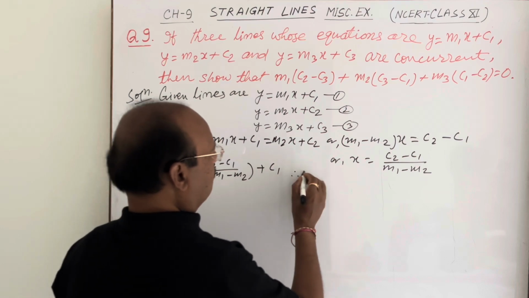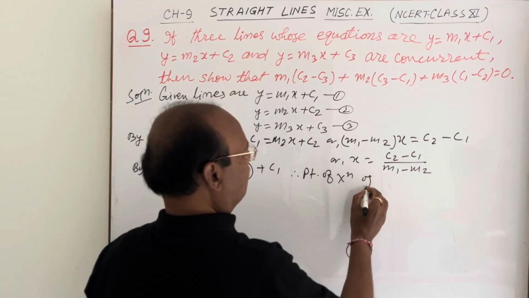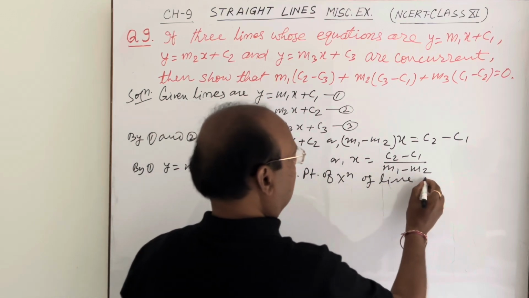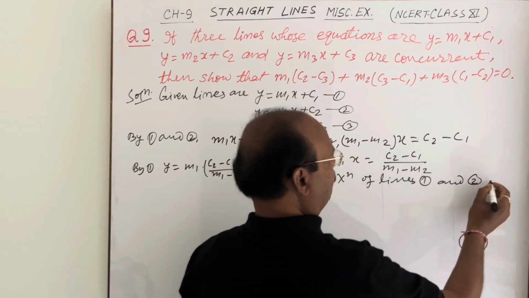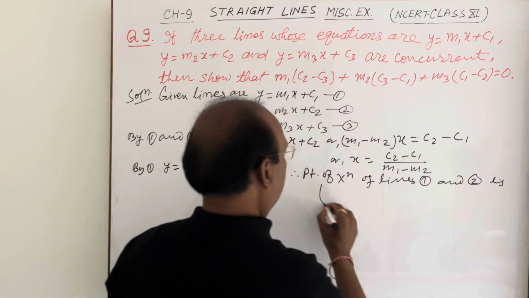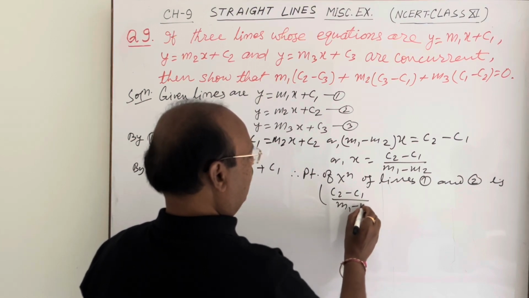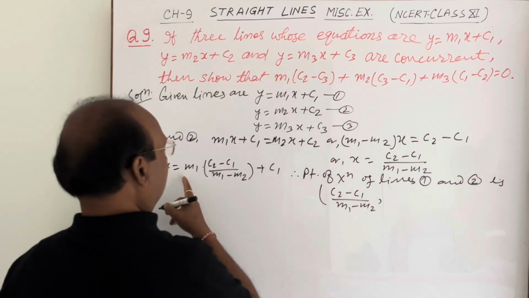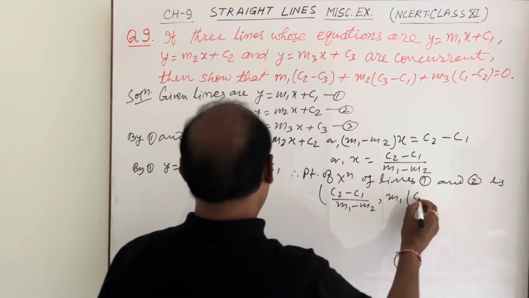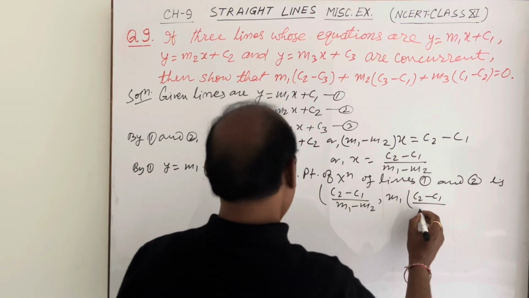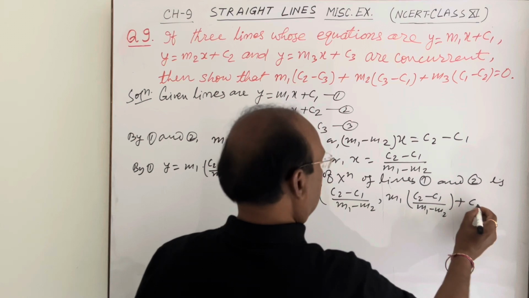So therefore the point of intersection of lines 1 and 2 is: value of x is (c2 - c1)/(m1 - m2), and value of y is m1(c2 - c1)/(m1 - m2) + c1.